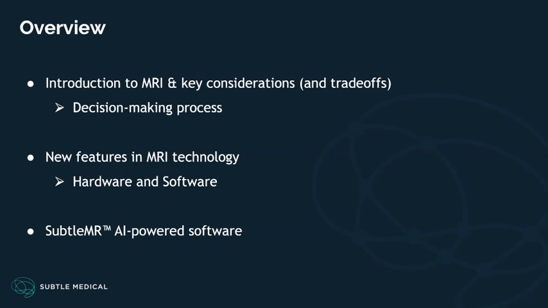I will also discuss some of the new hardware and software technologies which are available in this context. And lastly, I will describe an AI-powered, software-only solution called Subtle MR, which we offer, and how it performs across these metrics.